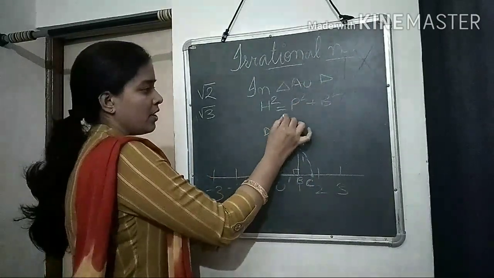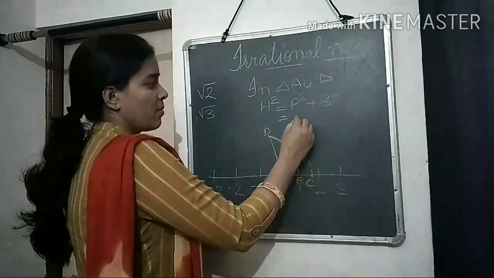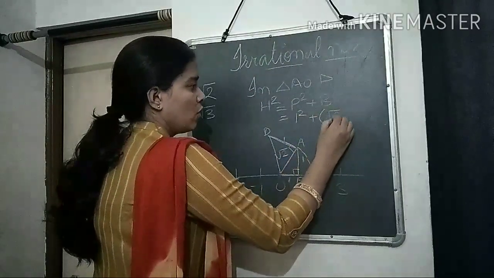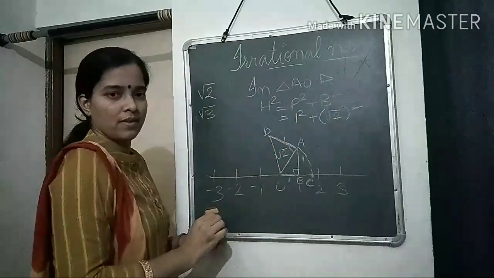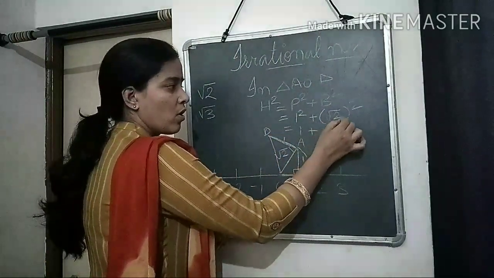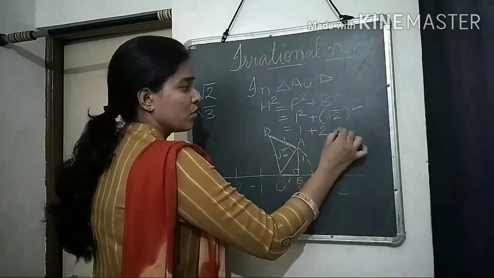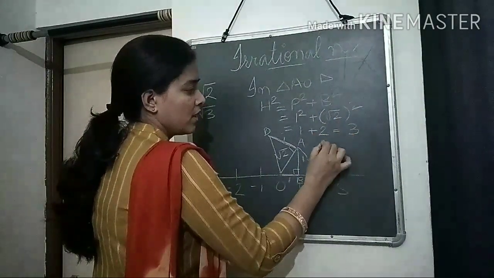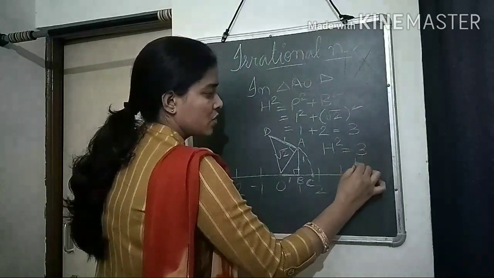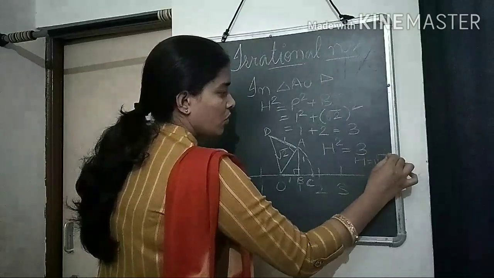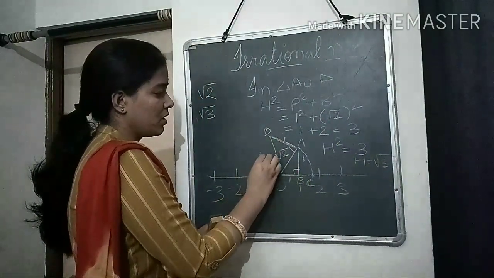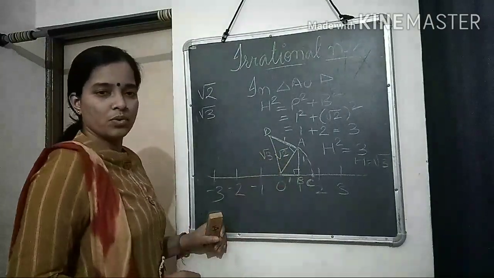Now in AOD, if I put the values, this time my perpendicular is 1 square and my base is root 2 whole square. So this is 1 plus square of root 2 will give you 2. So this will come out to be 3. So h square is equal to 3 and h is root 3. That means in this triangle the hypotenuse is of length root 3.